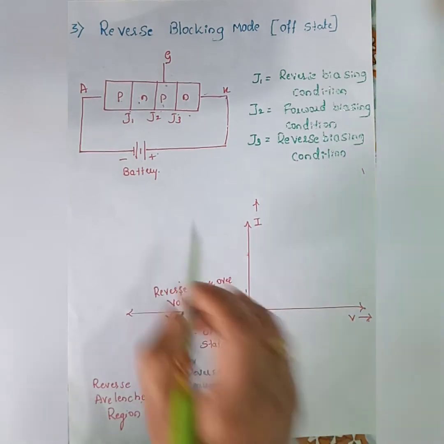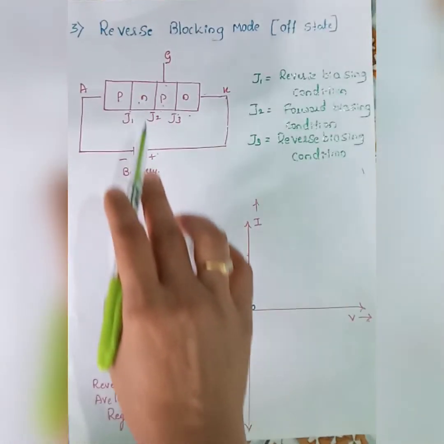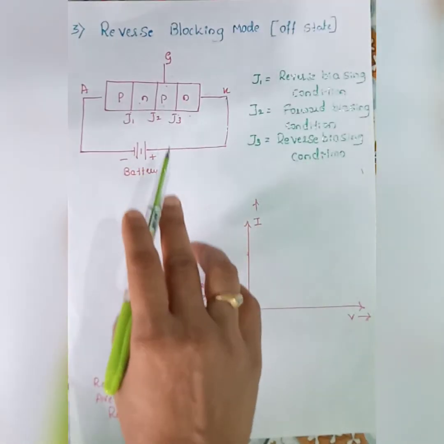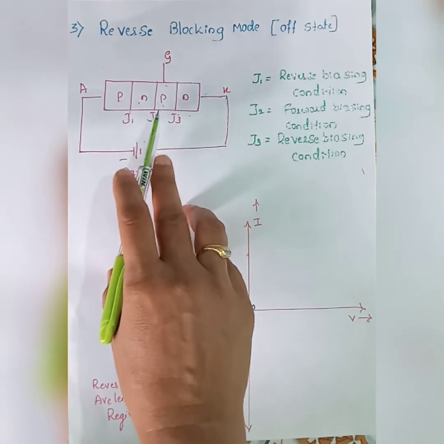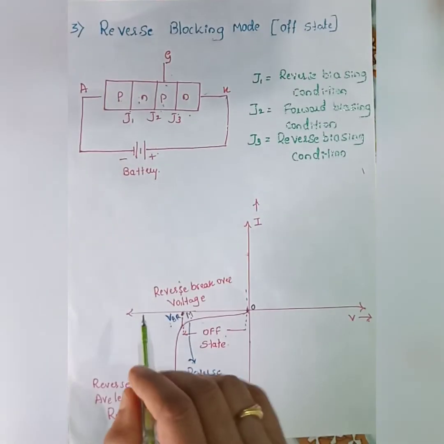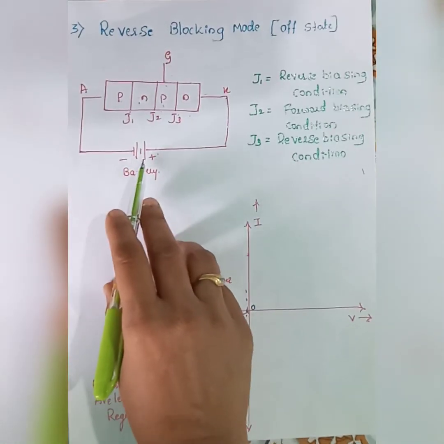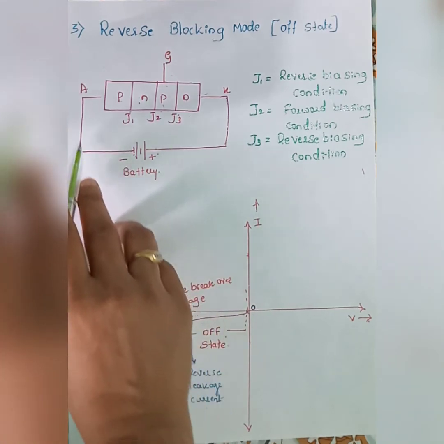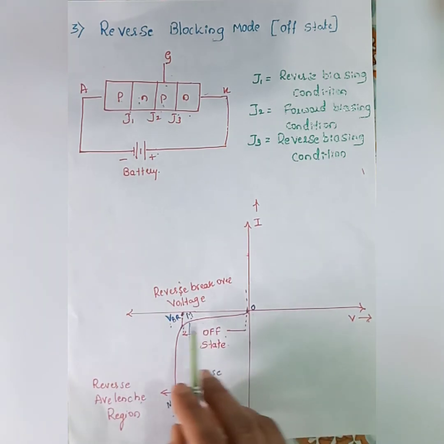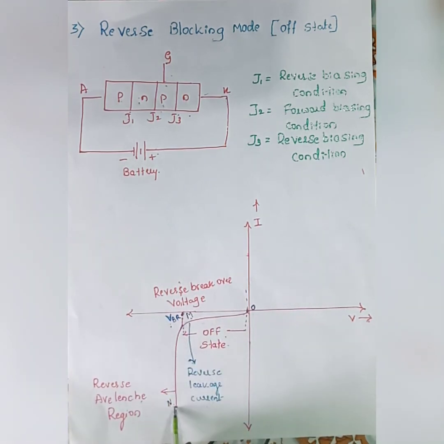Due to this, the reverse current increases. If this current in the SCR device crosses the safe limit, the SCR device gets destroyed. So we should not use the SCR in this mode. And the region from M to N shows the reverse avalanche region.